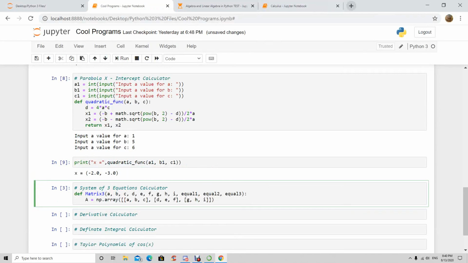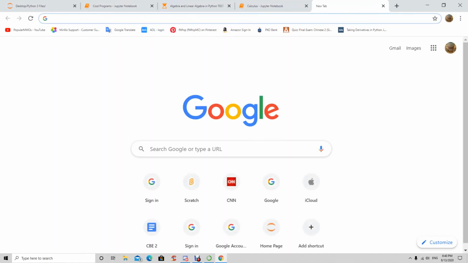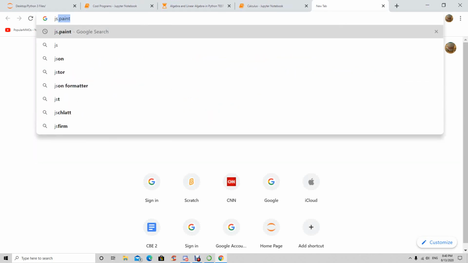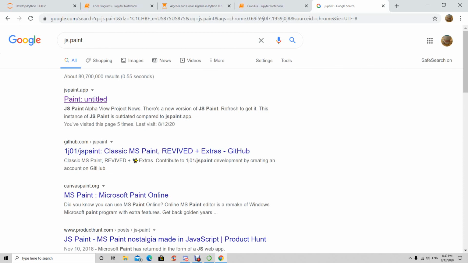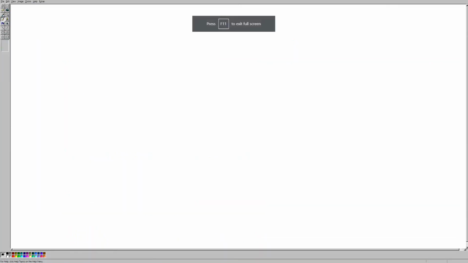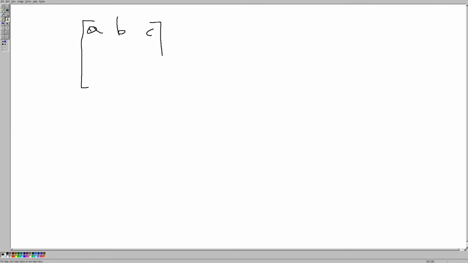And just for some context, I've talked about this before, but let's just go to JS Paint. Okay. And basically, if we have some matrix A, in this case, this is going to be the one that we're working with right now. So we have A, B, C, D, E, F. And you see why I use the array function.